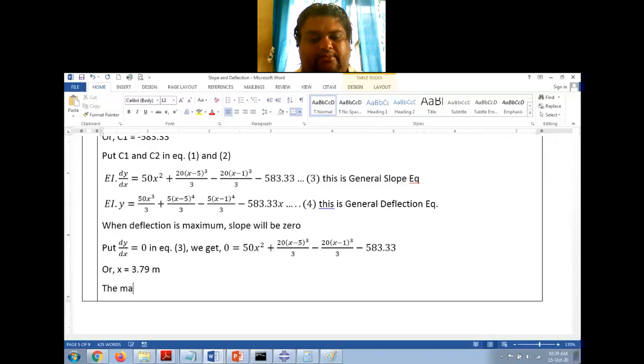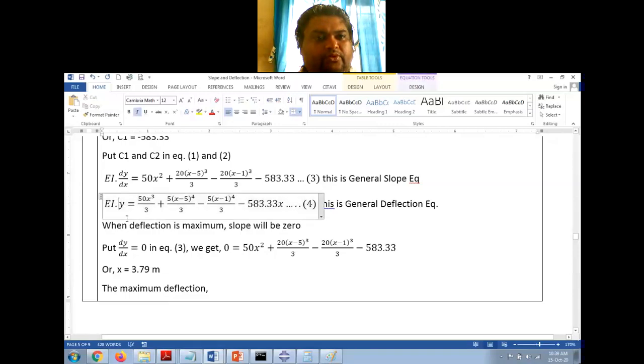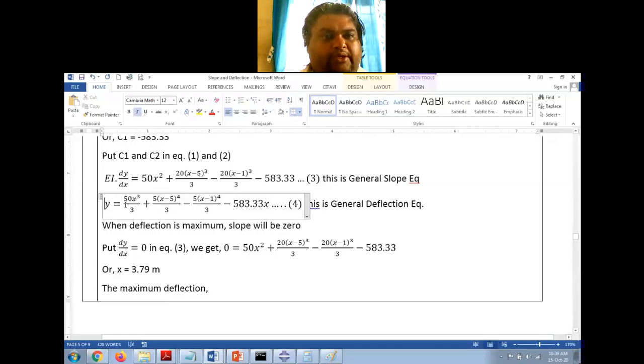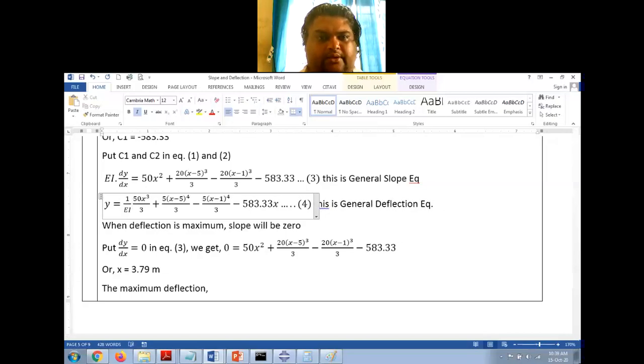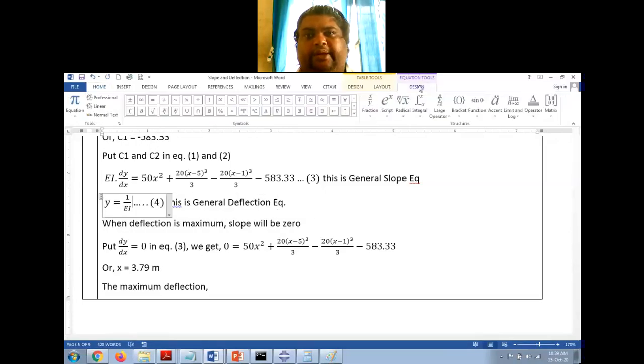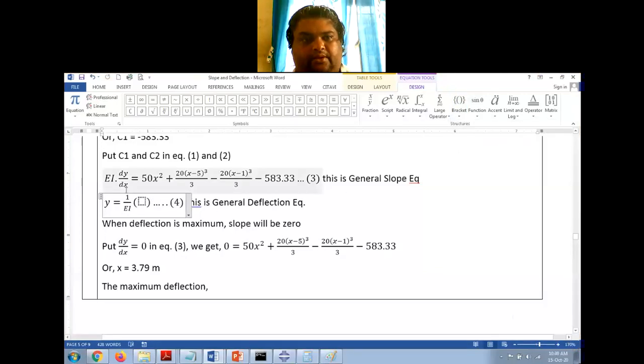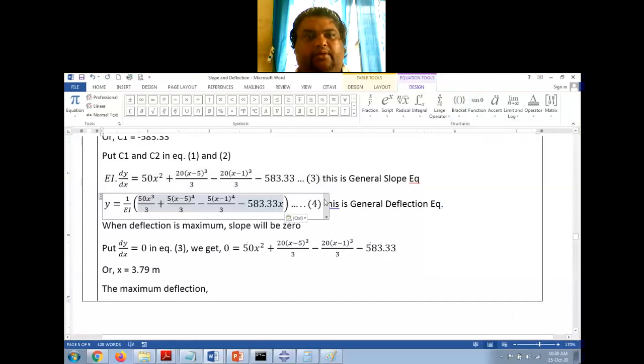Now the maximum deflection. Maximum deflection is from this. What I'll do is y is equal to 1 by EI, and I'll just put all this thing inside a bracket, right?